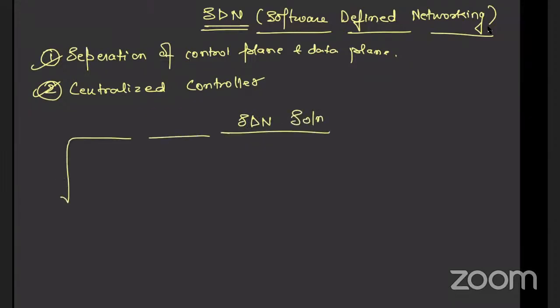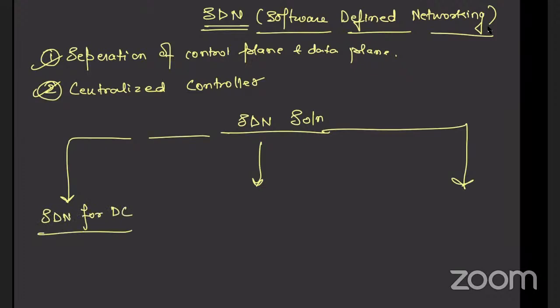Okay, so if we talk about SDN solutions, it is divided into three spaces, and every vendor is making a solution for all these three spaces. First is your SDN solution for data center. Second is your SDN solution for the WAN side, and then you will have an SDN solution for the branch side.